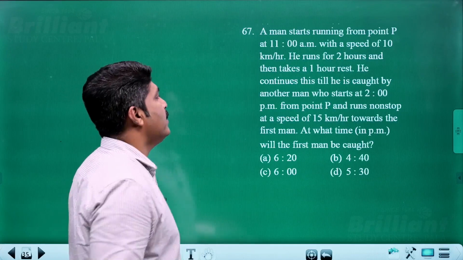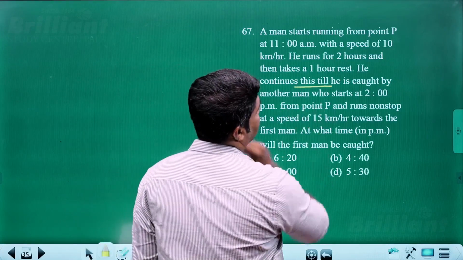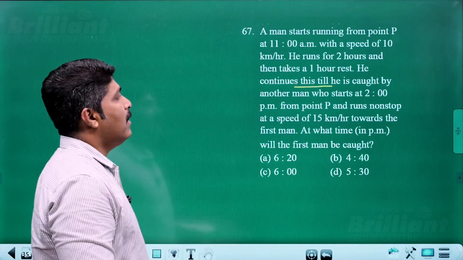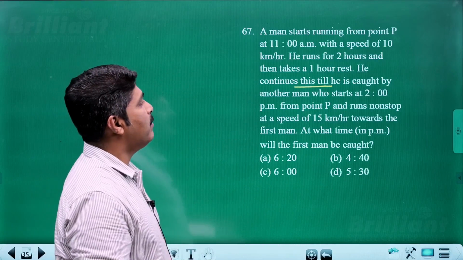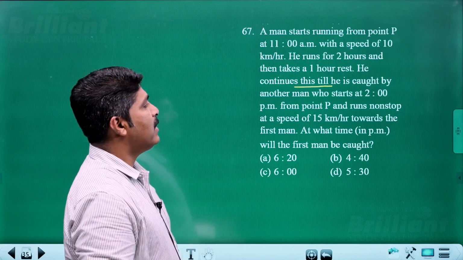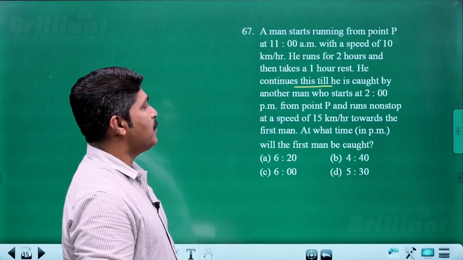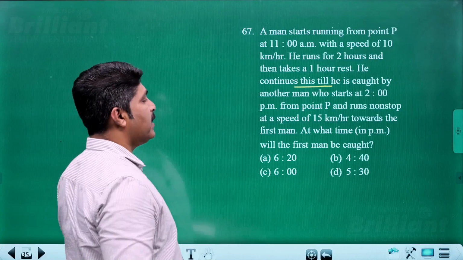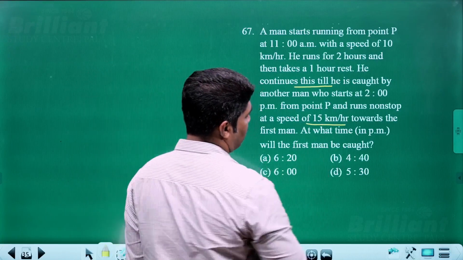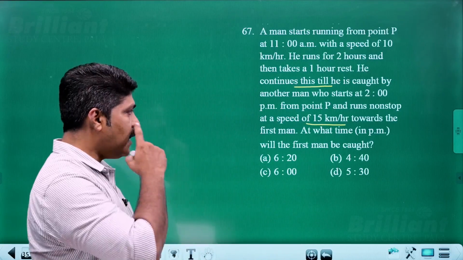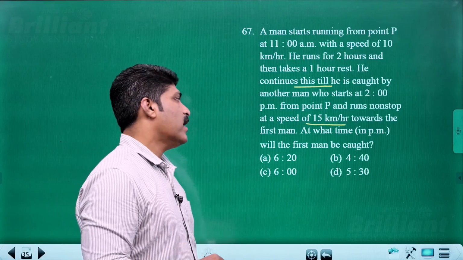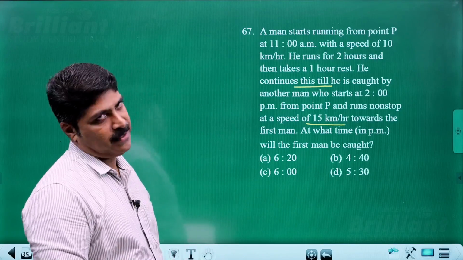He continues this pattern till he is caught by another man who starts at 2 p.m. from point P and runs non-stop at a speed of 15 km per hour towards the first man. At what time in p.m. will the first man be caught?